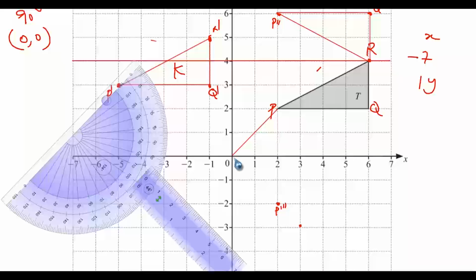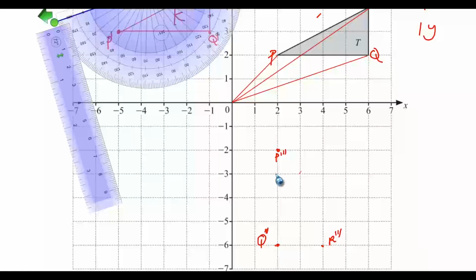Also, I will draw a line from the origin to point R, then I will rotate the line by 90 degrees and also measure the distance between the center of rotation, which is the origin, and the point R. Then I will transfer it here. So I will join the 3 points together, and that will be the image of the rotation from the origin by 90 degrees clockwise. So I'm going to do the remaining 2 points offline, then I'll show you my results.